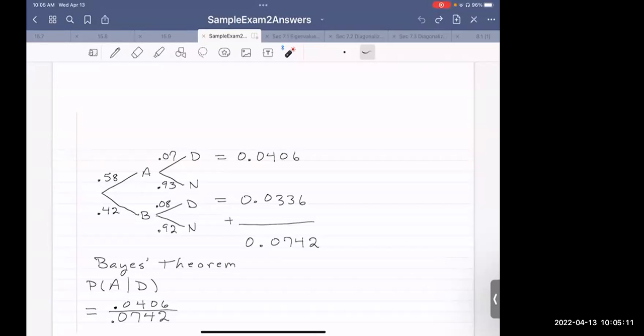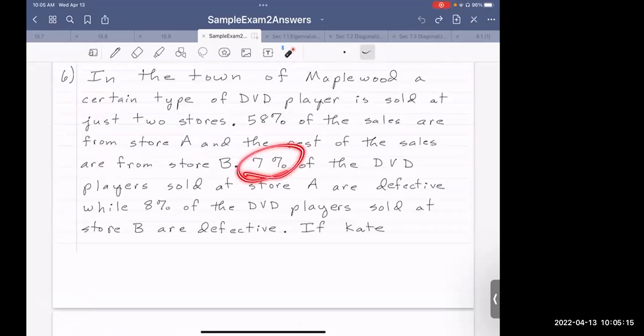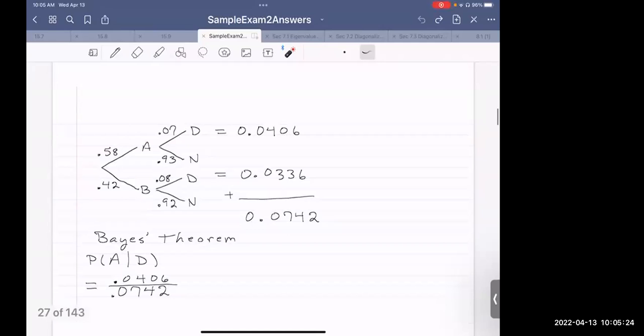So we have that 7% of the DVD players from store A are defective, whereas 8% of the DVD players from store B are defective. Well, if I have a 7% chance of success, I have a 93% chance of failure.